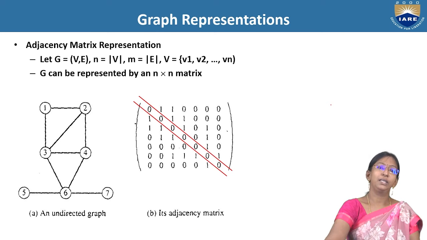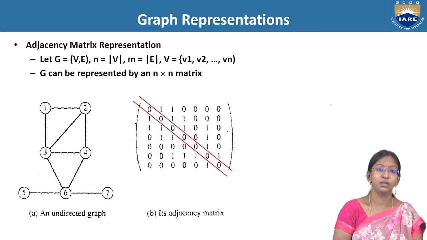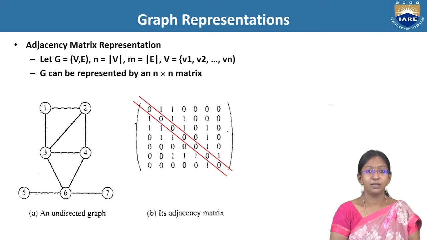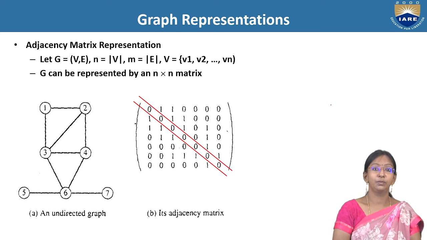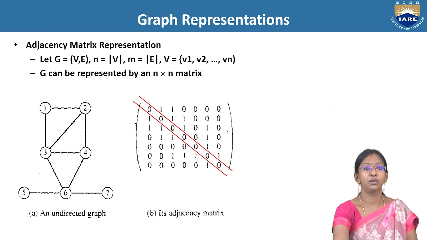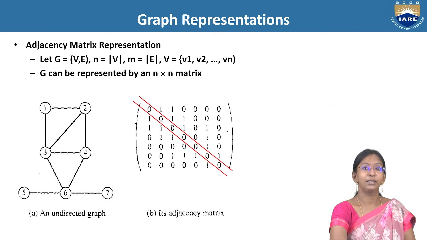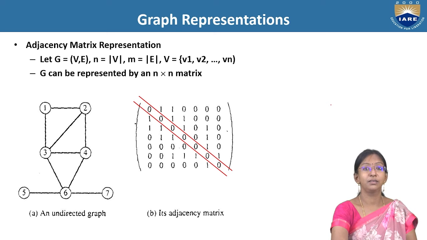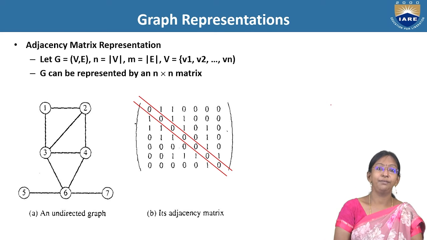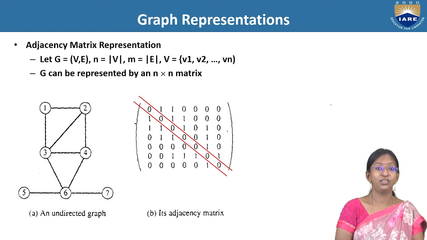Okay, so the graphs can be represented using arrays as well as linked lists. If you want to work with arrays, you need to use two-dimensional arrays. So have a look at the undirected graph which I have given, and its adjacency matrix. We call these graph representations adjacencies.